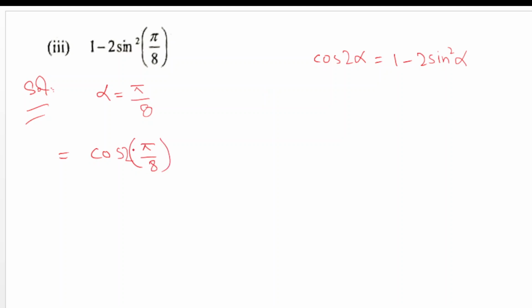So 2 times 1 is 2, and 2 fours are 8, so that will be equal to cos pi by 4. Pi by 4 is basically 45, that will be equal to 1 by square root 2. I hope you understand this question. It's a simple formula of cos.